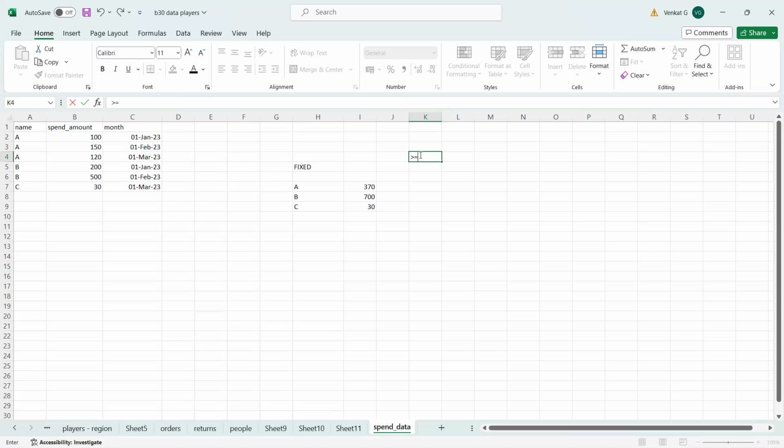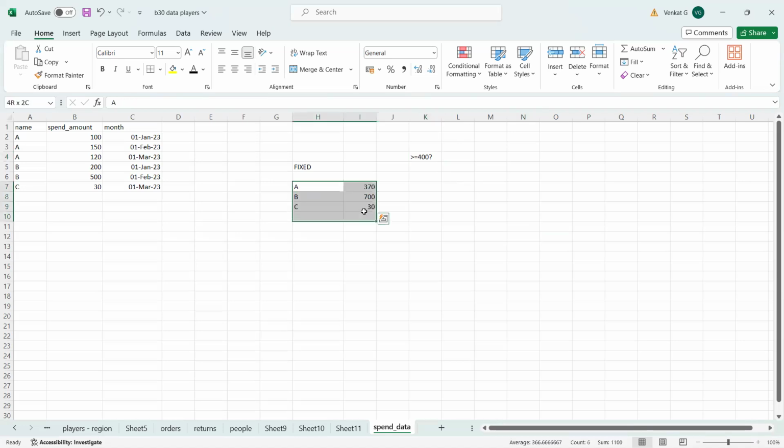Let's say how many persons are there having sales greater than 400. This is my requirement. To calculate this manually, first aggregate the data at each customer level, each person name level.